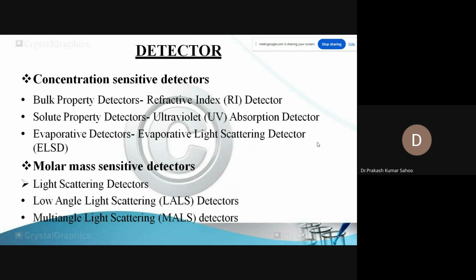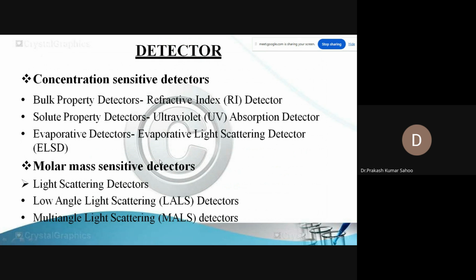There is a detector which detects the different components with different electrical signals. We have many detector types, like the bulk property detector, the refractive index detector (RI). For solute property detection, it is the UV detector, and for evaporative detection, it is the evaporative light scattering detector (ELSD). Then for molar mass sensitive detection, it is the light scattering detector, low angle light scattering detector or multi angle light scattering detector.